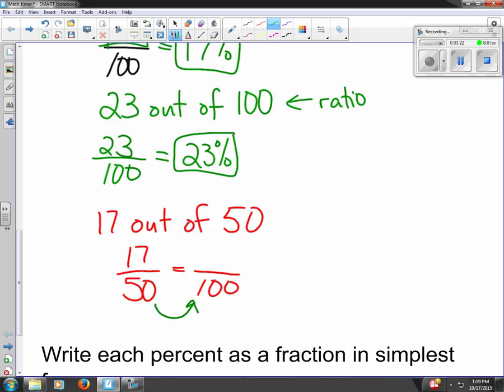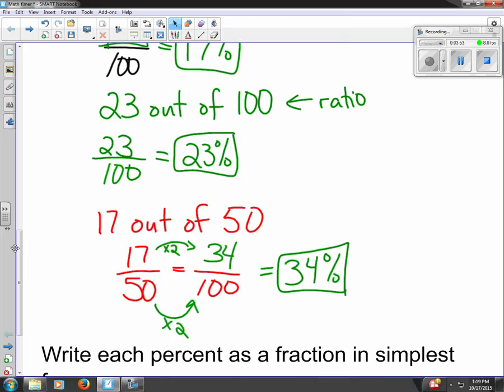I'm going to pause so you can think about it. Well, I multiplied by 2. So that means you multiply 17 by 2. 17 times 2 is 34. So 17 out of 50 is really 34%.